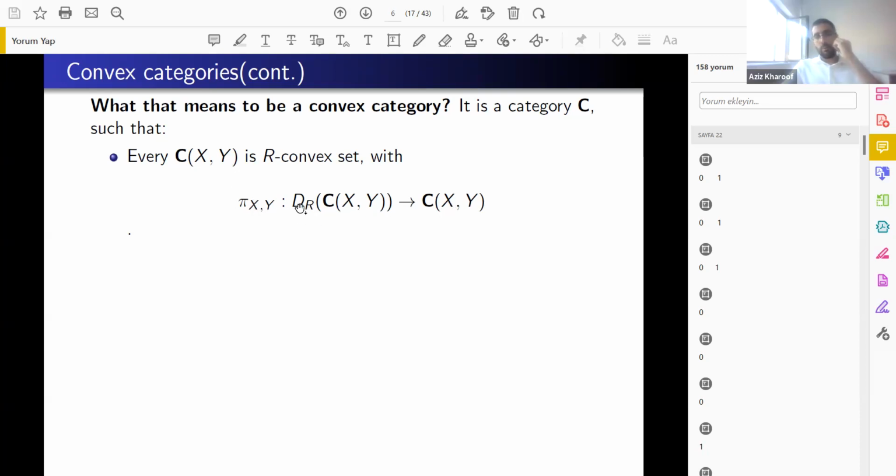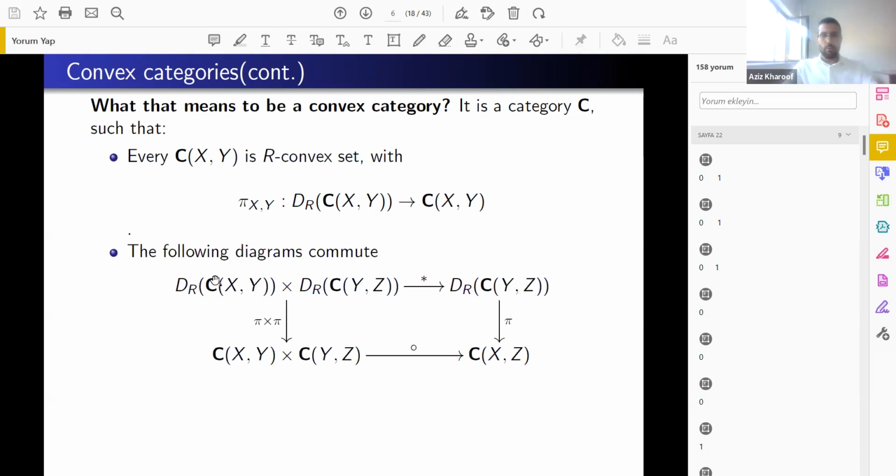For every C(X,Y) we have this structure map, and together for every hom in C it is a functor. So it makes the following diagram commute for every three objects x, y, z. Here the composition is the composition in DRC, which is the convolution we talked about before. So this diagram commutes.